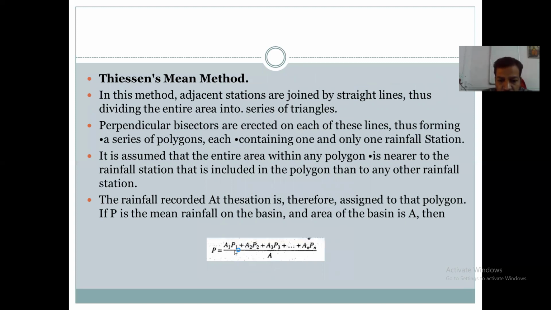P is equal to A1 into P1 plus A2 into P2 plus A3 into P3 up to AN Pn divided by capital A, the entire area, that will give the average precipitation of the entire basin area. So in this way, the mean rainfall is calculated by this formula. Therefore, this method is called the Thiessen polygon method.